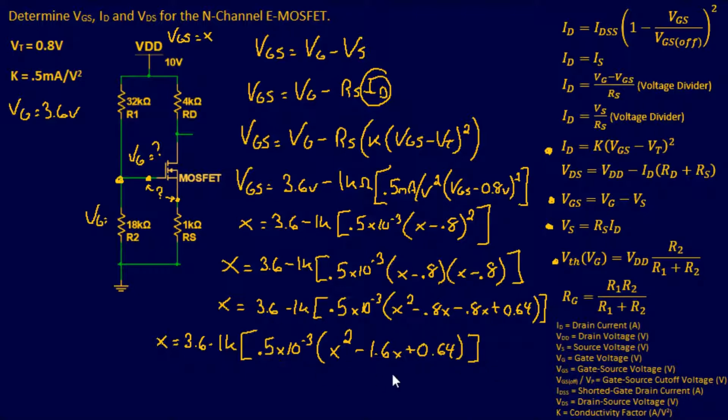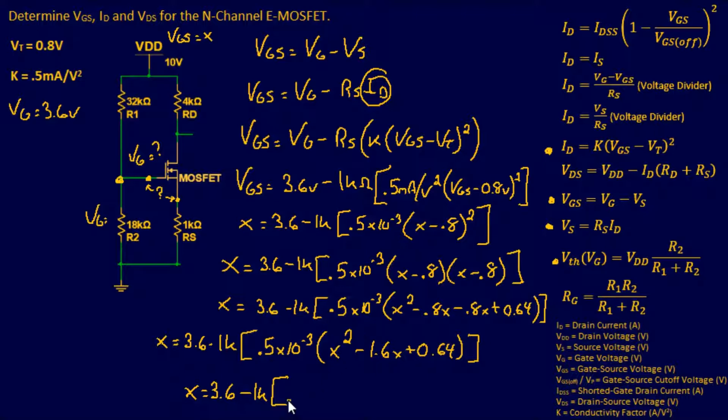What I'm going to do is work on this bracket right here. I'm going to multiply the 0.5 times 10 to the negative 3 times these guys right here. That way we start getting rid of these brackets. So I'm going to say x equals 3.6 minus 1k. I'm going to just leave it as a bracket.